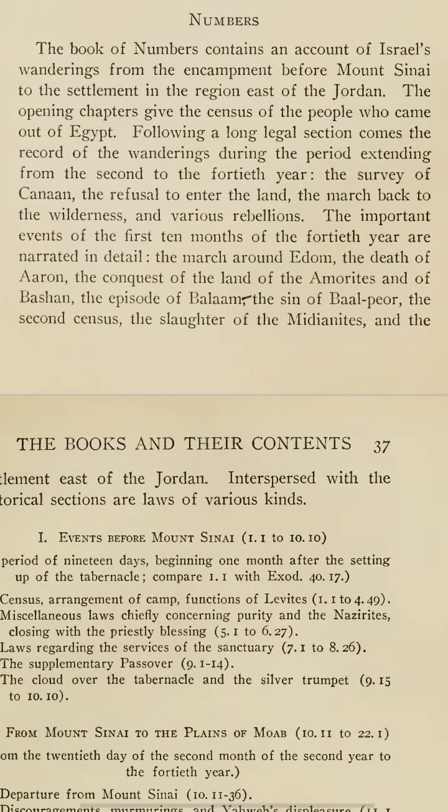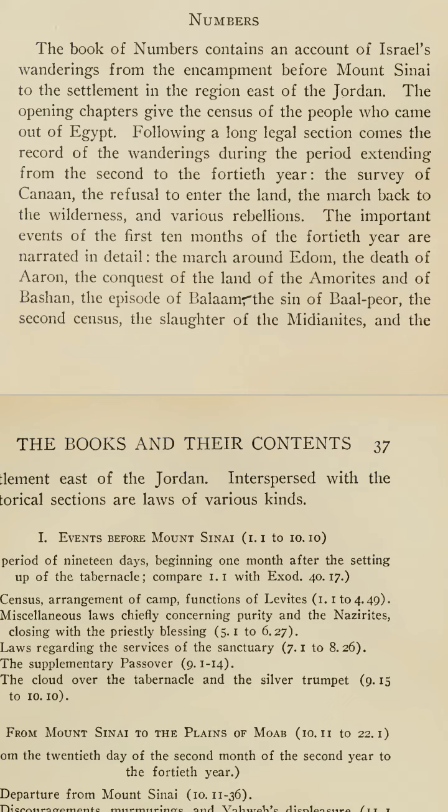Numbers. The book of Numbers contains an account of Israel's wanderings from the encampment before Mount Sinai to the settlement in the region east of the Jordan. The opening chapters give a census of the people who came out of Egypt.